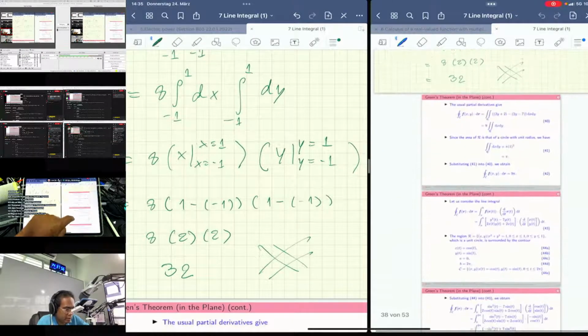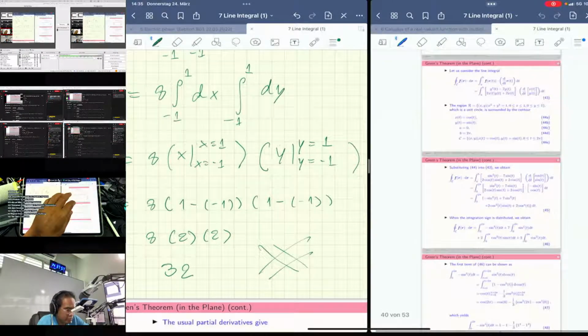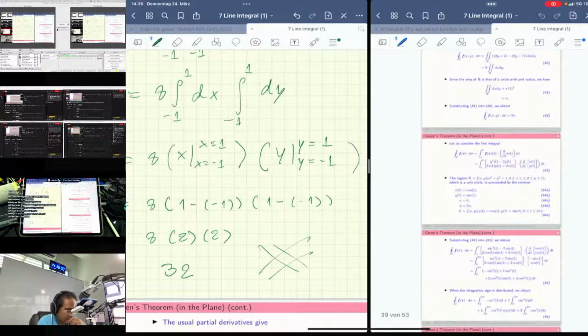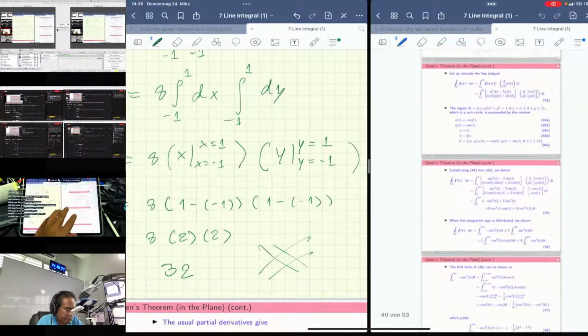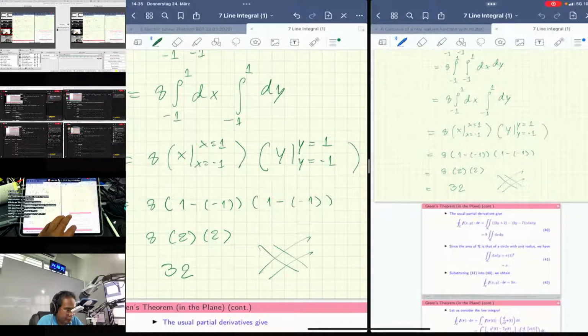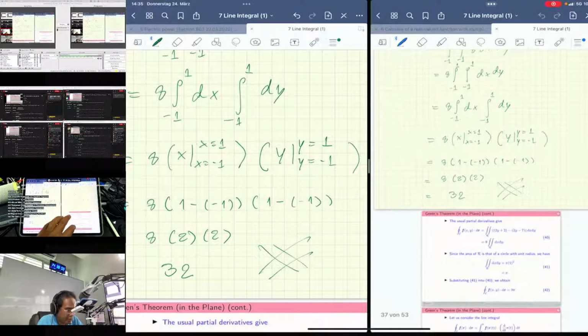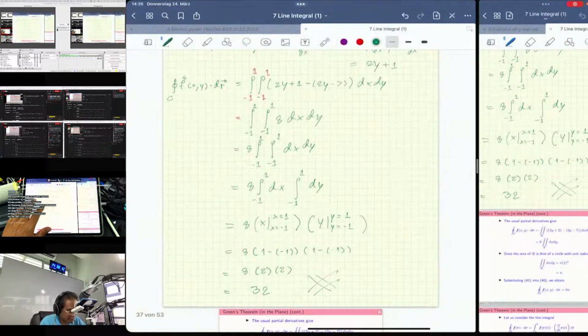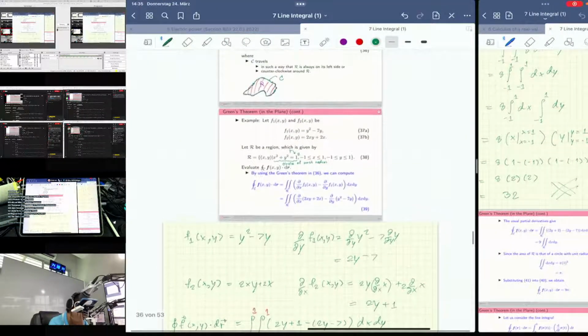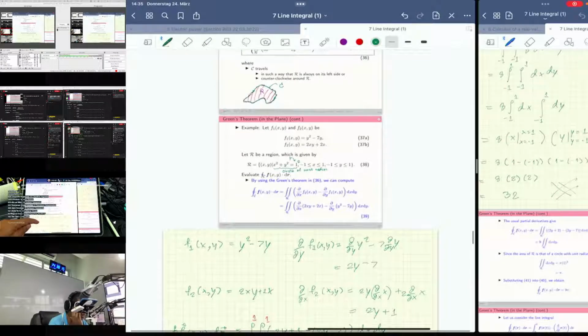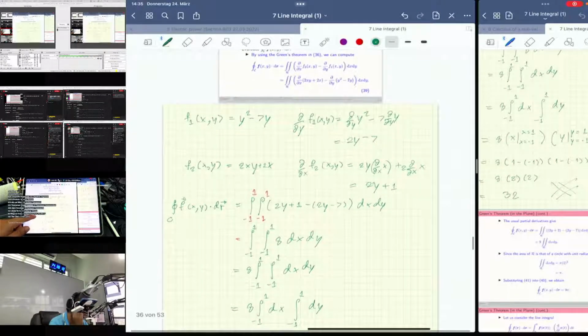The first problem about the Green Theorem turns out to be, why is it so difficult? By using the Green Theorem, we end up with 9 pi. My God, stupid. You have to replace it.